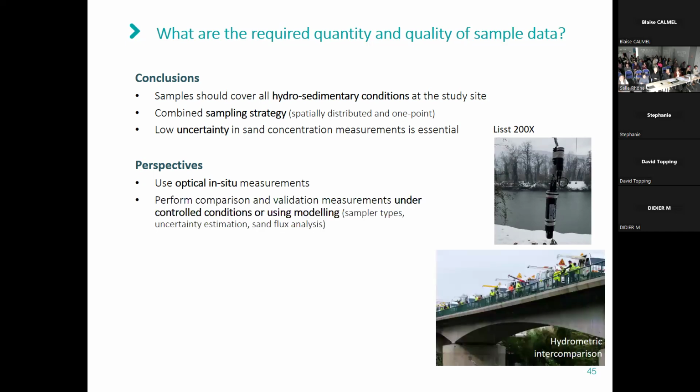Moreover, we could perform comparison and validation experiments, for example under controlled conditions in the field or in the lab, or using modeling, which may give us further insights into the sample type, the uncertainty analysis, or as well the sand flux analysis. And we may also use vertical acoustic measurements like single or dual frequency measurements to improve the vertical or lateral integration of our sand flux method, like our STC method.